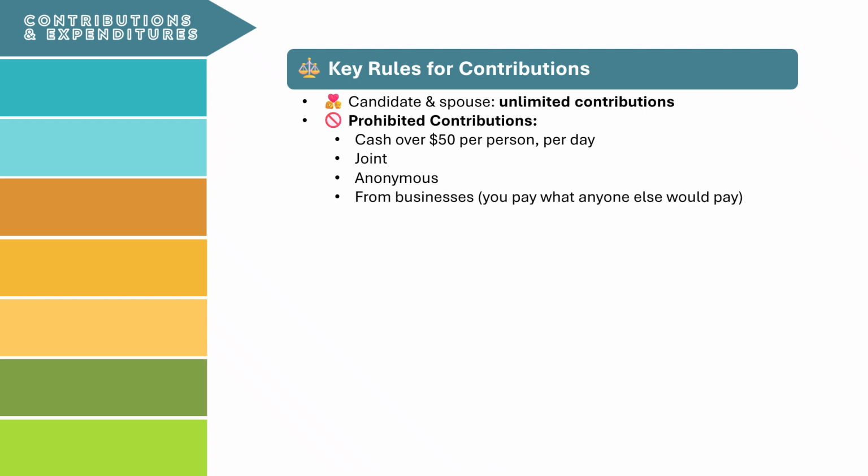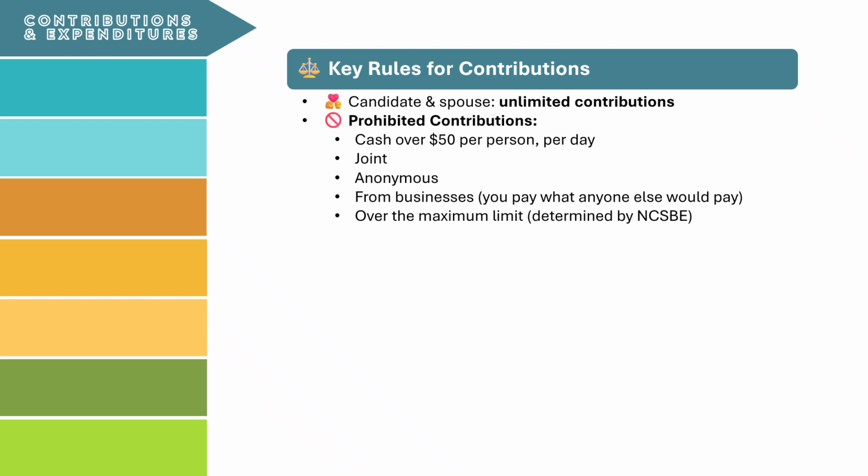Contributions from businesses. This includes your own business or businesses owned by friends or supporters. If you receive a business's goods or services, you must pay what anyone else would pay. Contributions over the maximum limit.